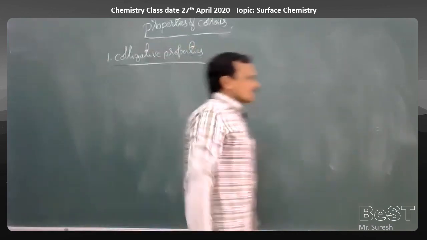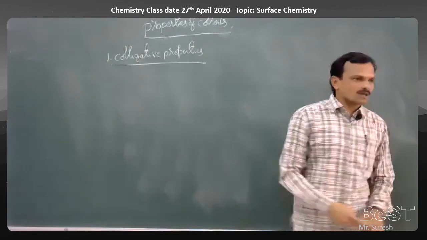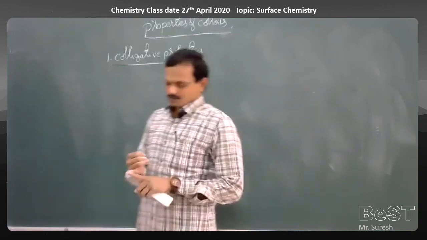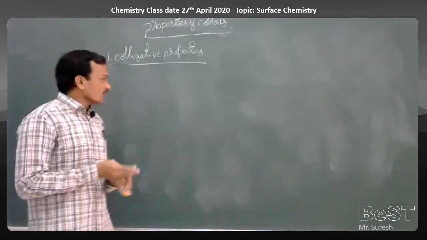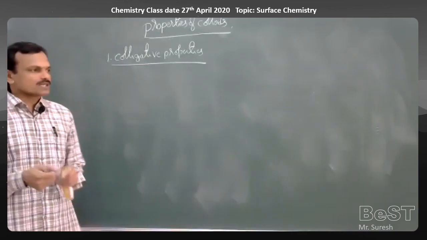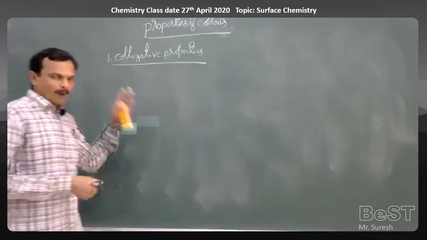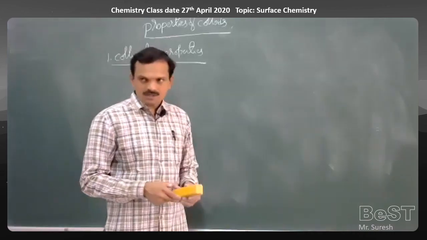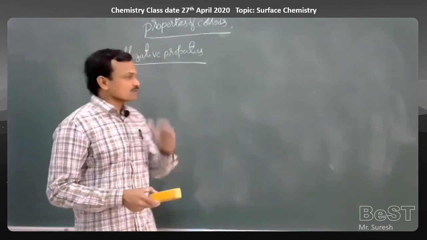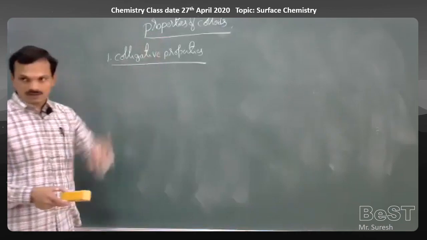And here, as per the syllabus, we are going to discuss colligative properties, Tyndall effect, color, Brownian movement, charge present on the colloidal particles, peptization, protection of colloids, and electrophoresis. Regarding these 8 properties, we are going to discuss as per the syllabus mentioned.